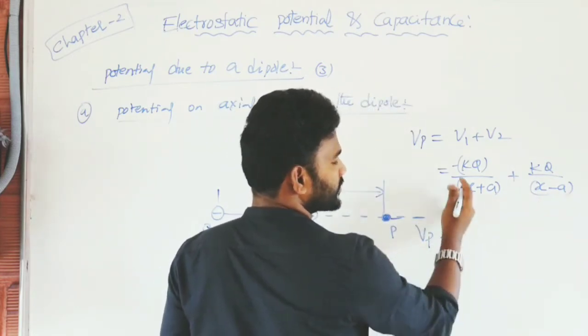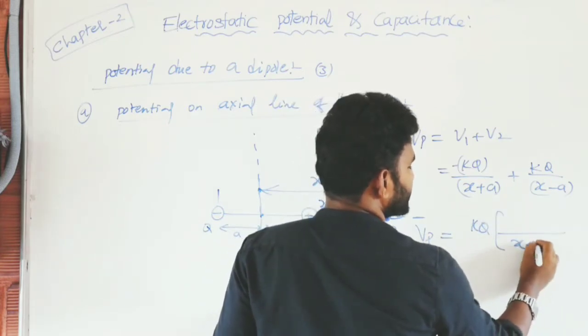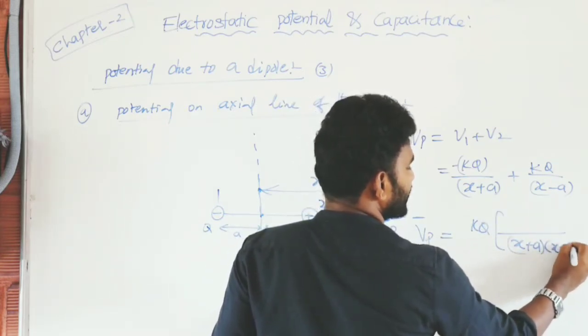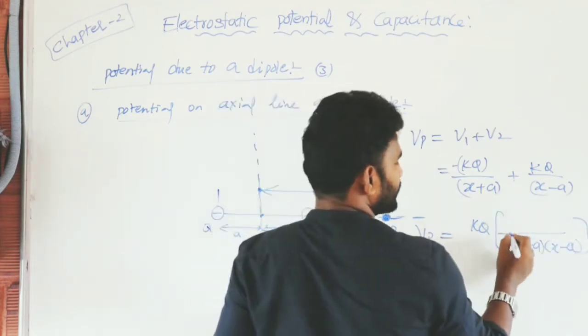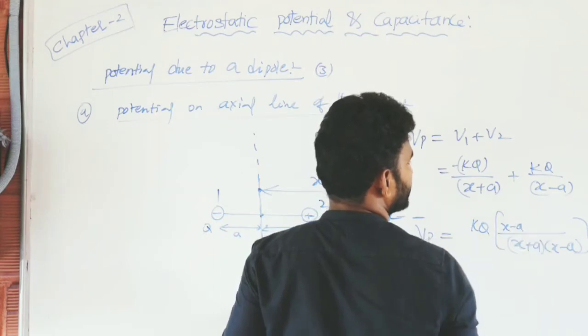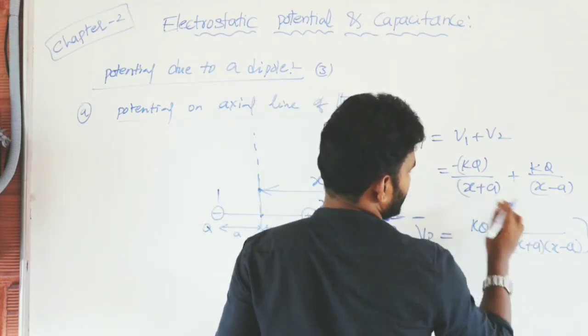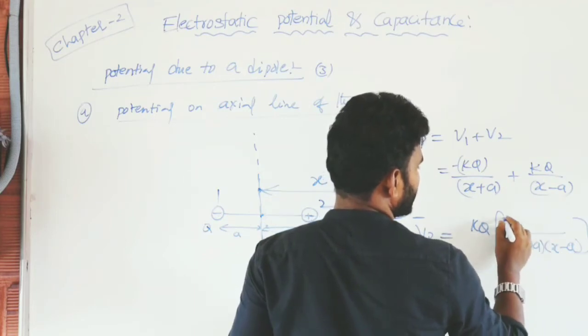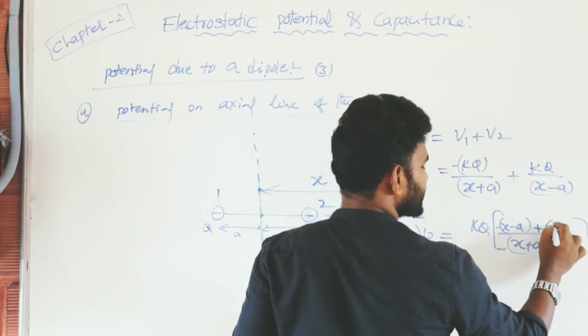Now Vp is equal to, write down, kQ is the common factor, and x plus a into x minus a is the denominator, it is the LCM. First we will find x minus a. Try to understand. For that minus we will be understanding. Make it as minus, plus x plus a.